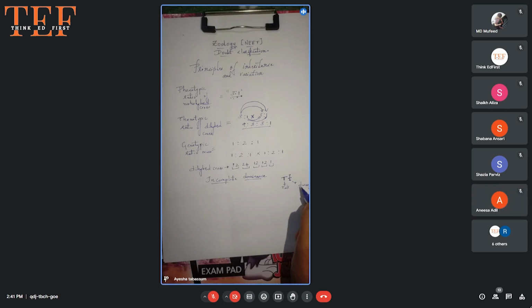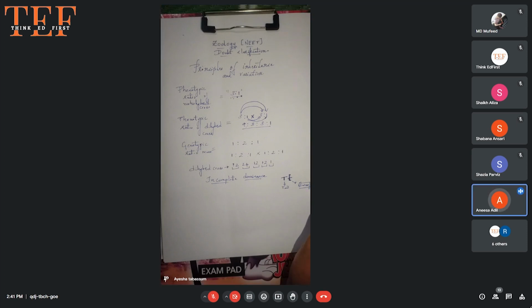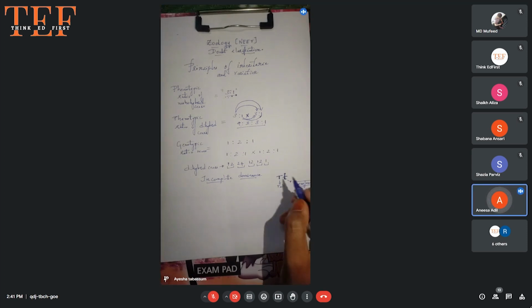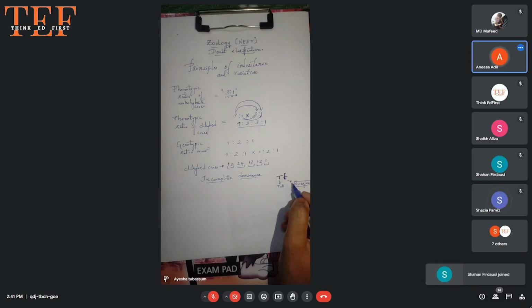If both the genes are there, why is the plant tall, why not dwarf? Because this gene, small t, is also present, right? Why is it not dwarf? Why only tall? Tell me. Because capital T is dominant over the small t.